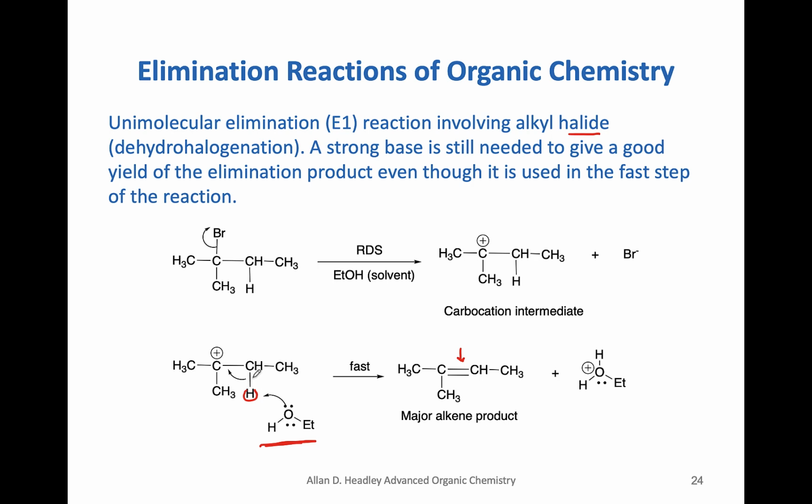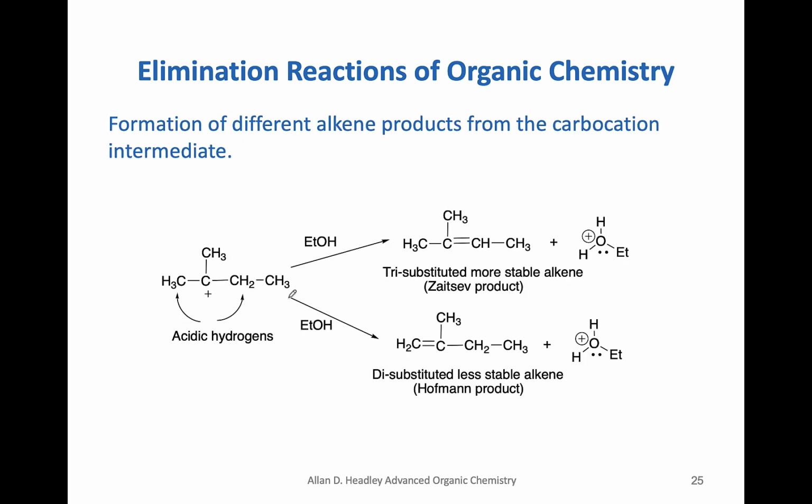Okay, so what you'll discover here is that there's always the formation of different alkenes. So the base, the ethanol, can abstract this hydrogen or this hydrogen to form either the Zaitsev product or the Hofmann product, as pointed out. So that's the elimination reaction.